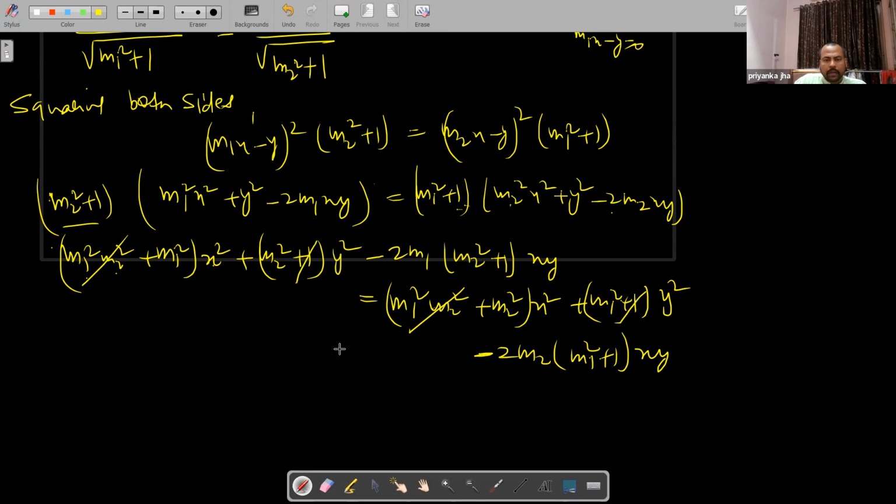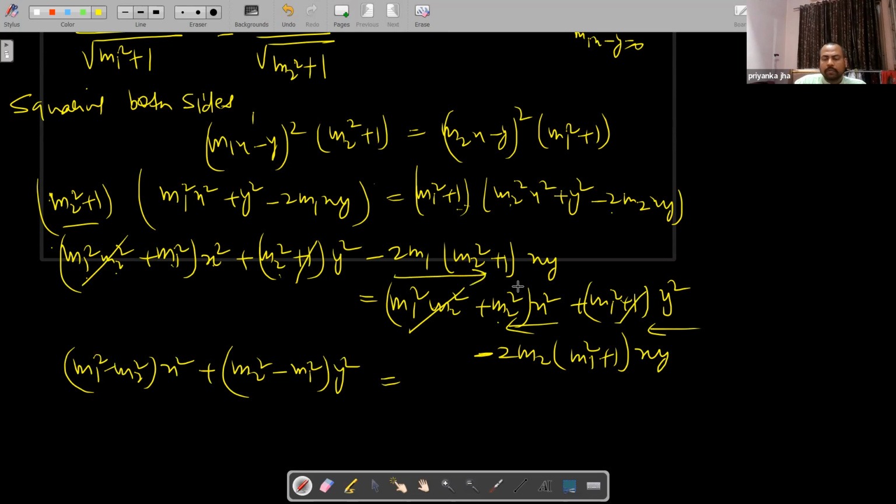So bring x square and y square terms on one side. So this is m1 square minus m2 square into x square plus m2 square minus m1 square into y square, and take this xy term to the right. So xy will be common and this will become positive: 2 m1 into m2 square plus 2 m1, and then minus 2 m2 into m1 square and minus 2 m2.